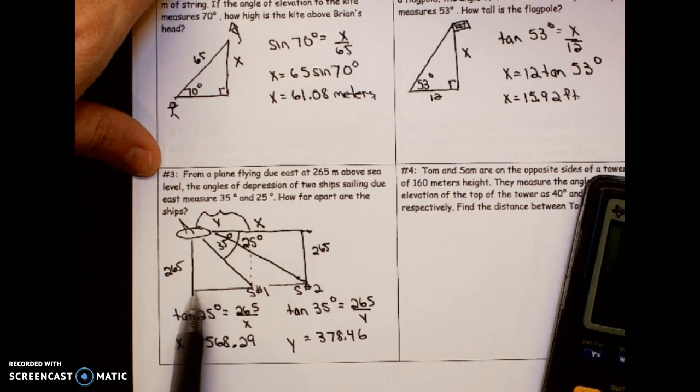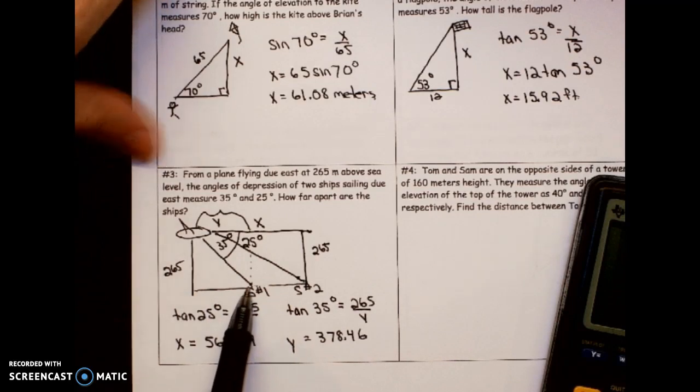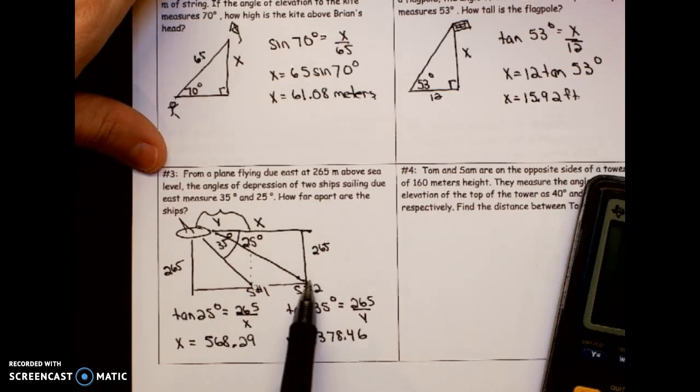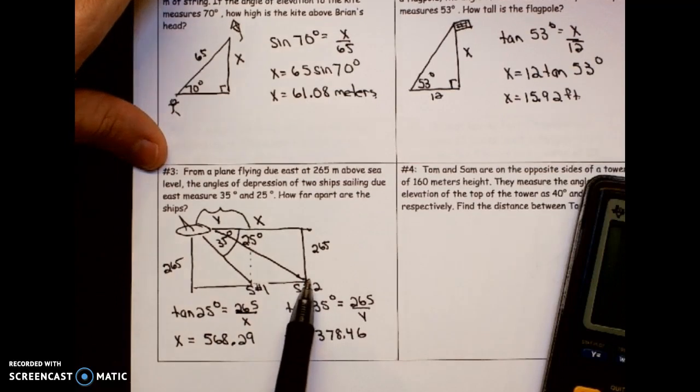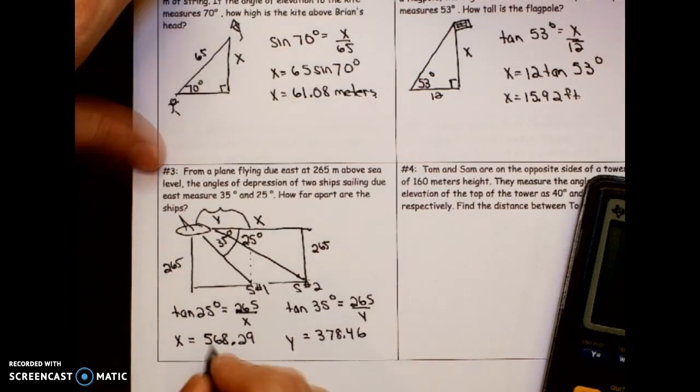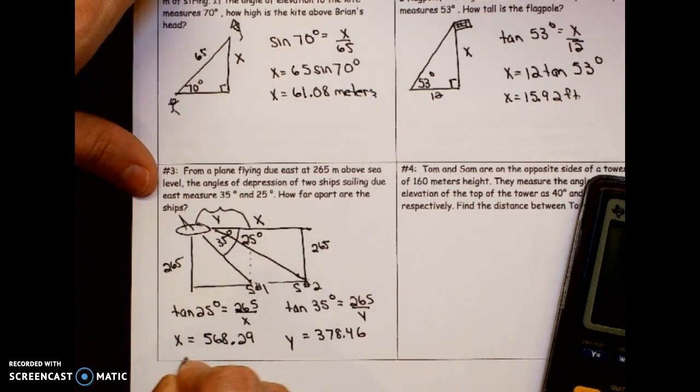So this distance is approximately 378, and this distance here is approximately 568. I'll subtract the two to figure out the distance between them. When I do that, I get their final distance is 189.83 feet. Actually, this is meters apart.